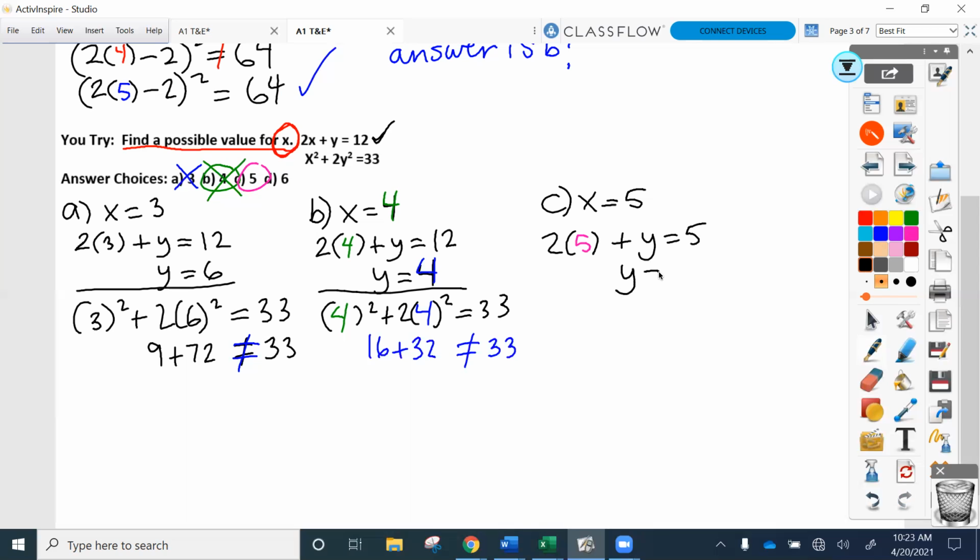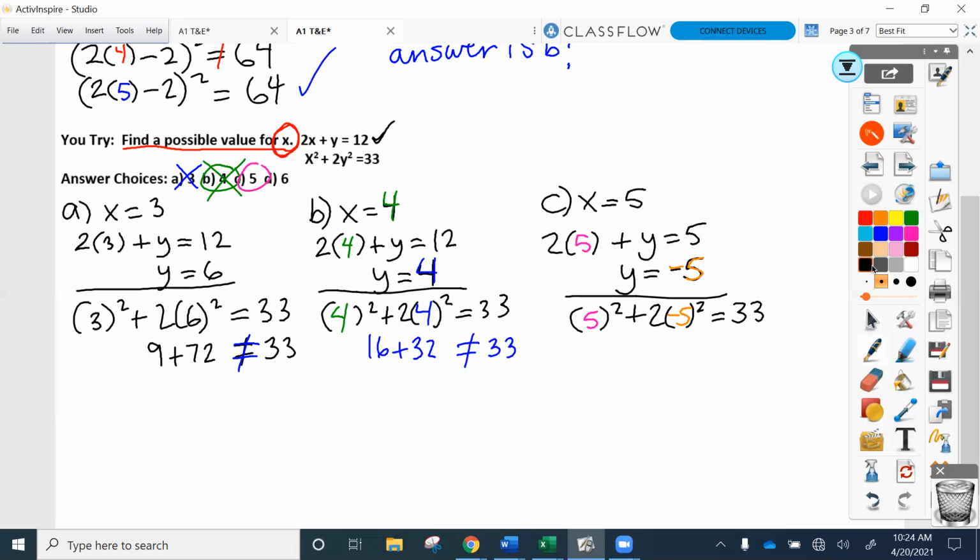So that would mean y, when you subtract 10 from both sides, would equal negative 5. So let's see if that works. The second equation is x squared plus 2y squared. Does that equal 33? So let's put our option 5 in there, see if that works. So when x is 5, we figured out that y must be negative 5, right?